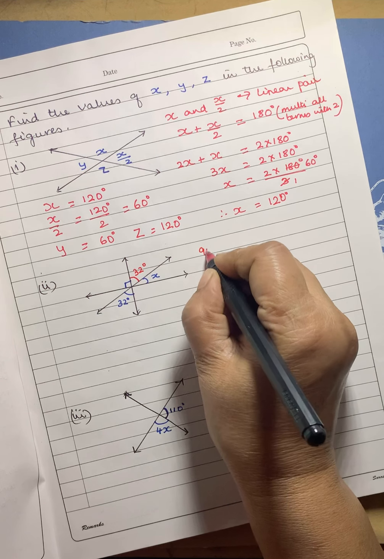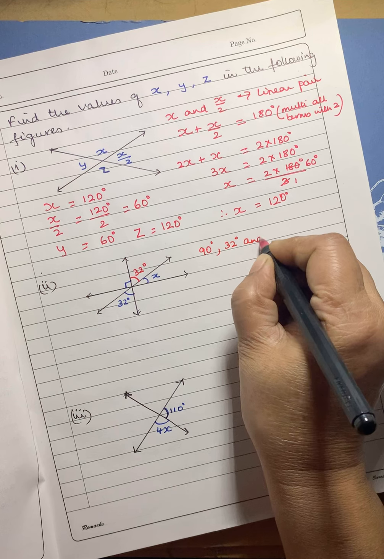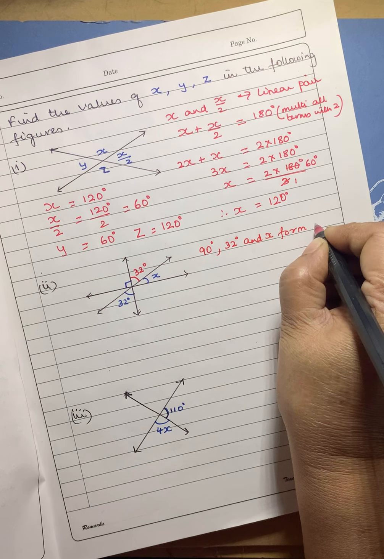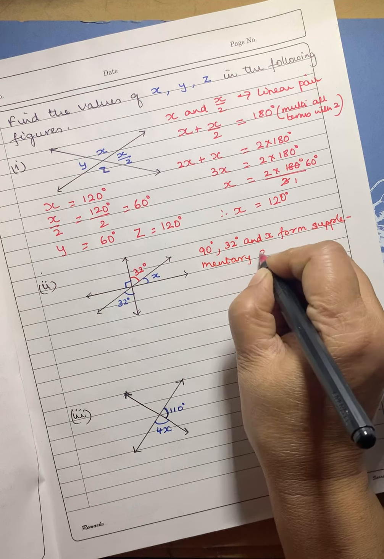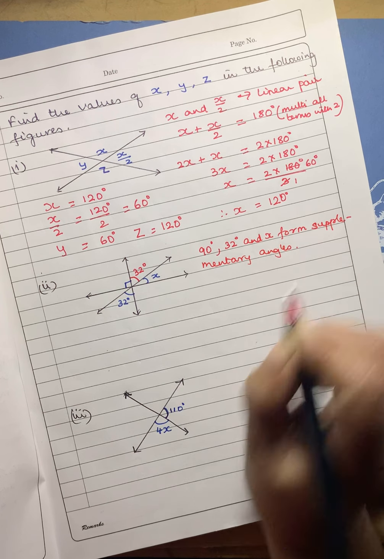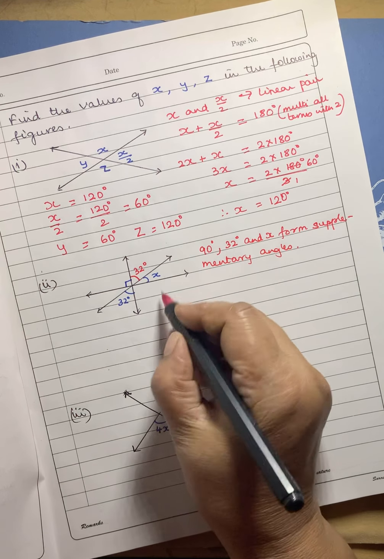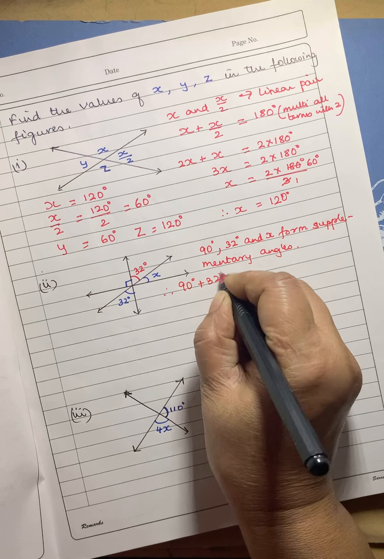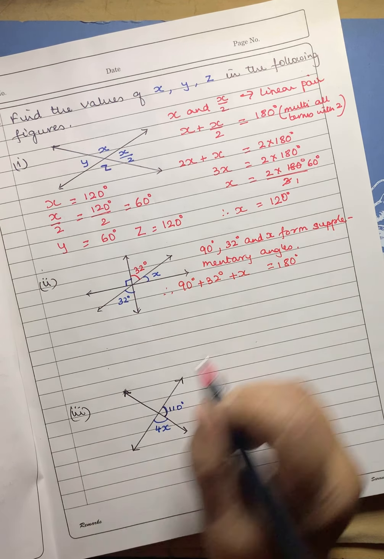Now 90 degrees, 32 degrees and x form supplementary angles. They are not a linear pair. Supplementary because they are on a straight line. Therefore, 90 plus 32 plus x is equal to 180 degrees.